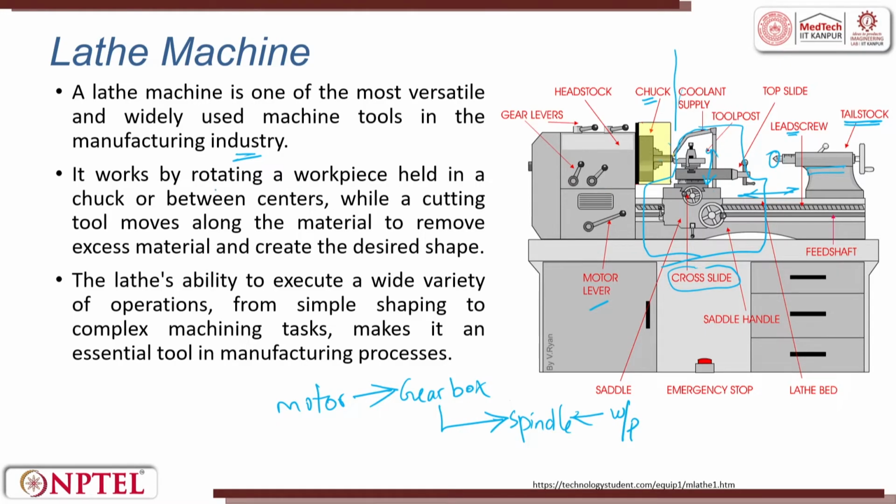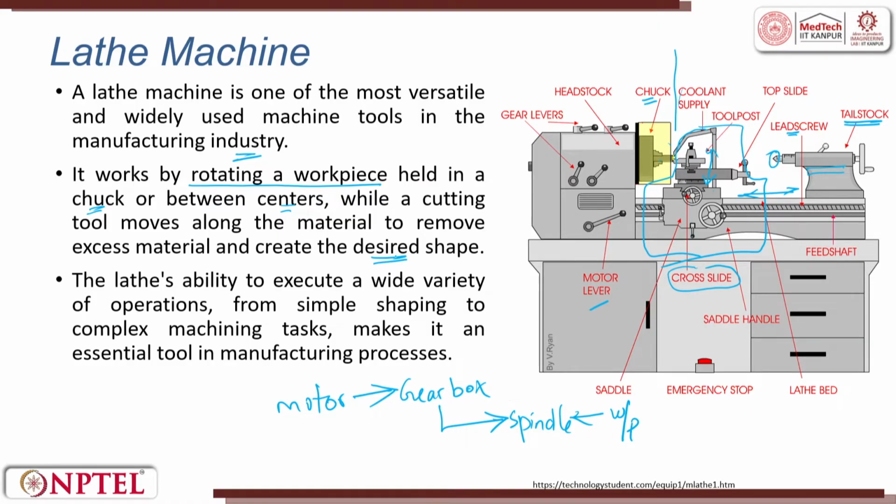It works by rotating. This lathe machine rotates the workpiece held in a chuck or between centers. What are the centers? Headstock and tailstock, between the centers, right. While a cutting tool moves along the material to remove the excess material and create a desired shape.